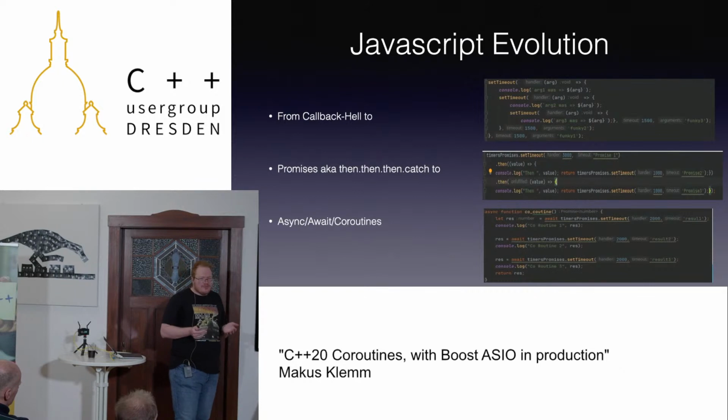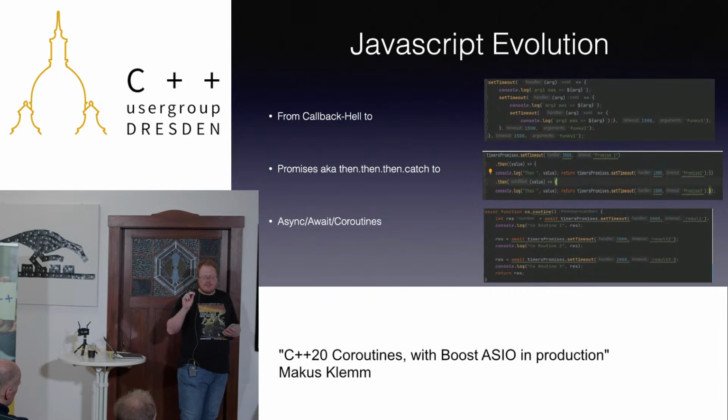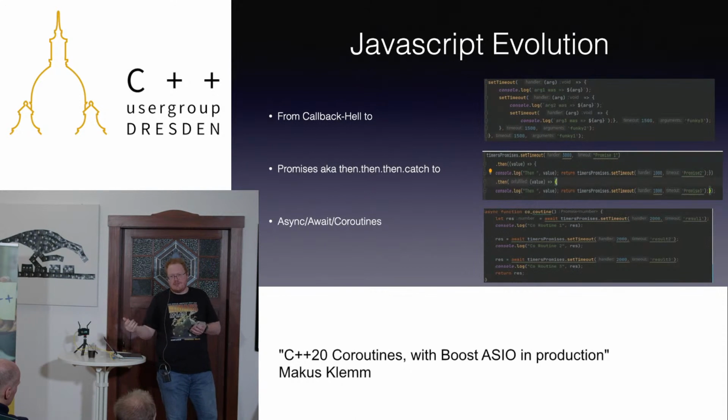Of course, the promise and future world between JavaScript and C++ is not really comparable because in C++, you don't have this executor, this one thread pattern which I showed before. So you can't chain these promises via then, because in the C++ world, the question would arise, yeah, who is executing then? Which thread? You didn't say which thread, because you're free to use whichever thread, whichever concurrent regime you want. While in Python and JavaScript world it is this one magic thread, don't worry about it.